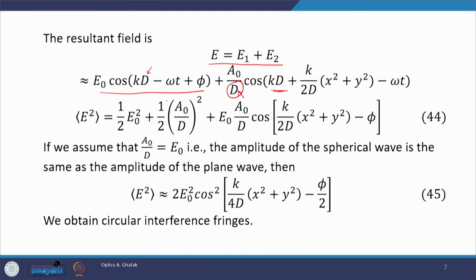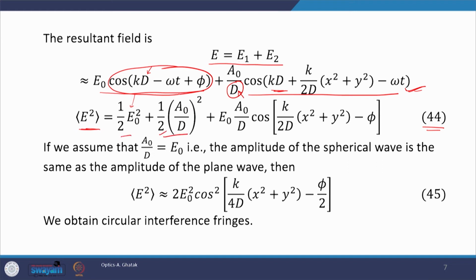And therefore, if you square this equation and take the time average, then we will get equation number 44, because the time average of the square of cos theta is half. Therefore, here we are getting E naught square by 2. Similarly, the time average of cos square theta is half, so we get A naught square by d square by 2.